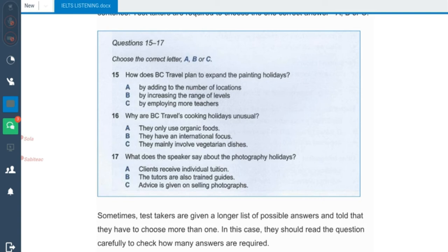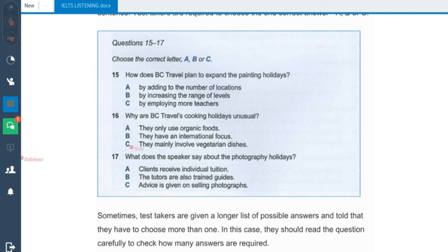Someone has replied that they can hear. Every other person can hear me, so you might have to check your audio. If you can't hear me, you might have to check your audio.